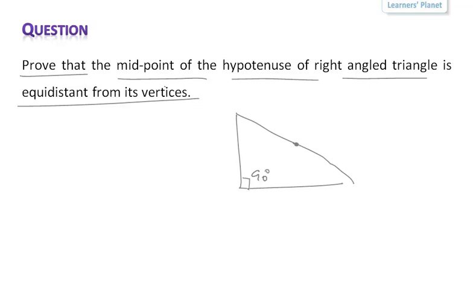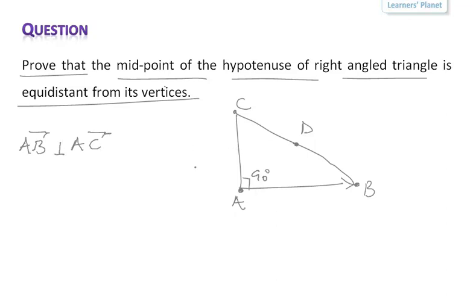Now let us say this is point A, this is point B, this is point C, and this is point D. Now this AB and AC, they are mutually perpendicular.